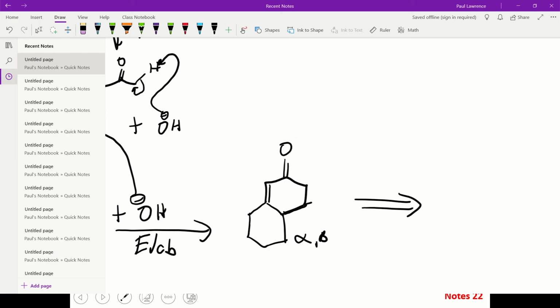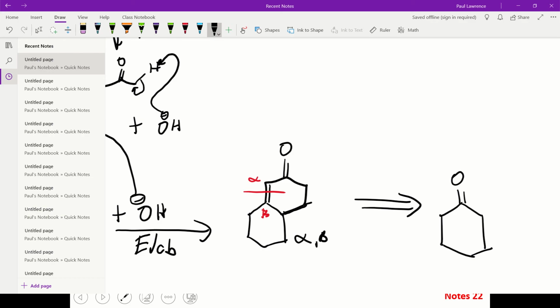When you identify that, the first thing that you do is you identify the alpha and the beta, and you break that bond. So let's draw it again here with the bond broken. And on that beta carbon, you simply take that double bond right here and put an oxygen on it, like this.